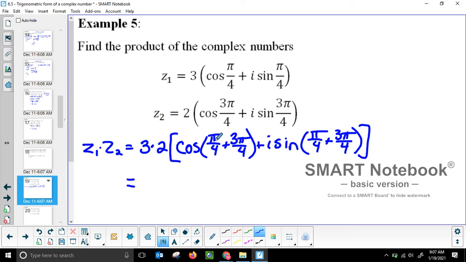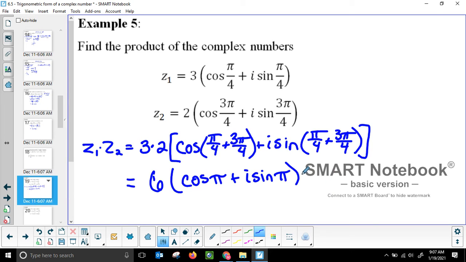Of course 3 times 2 is simply 6, and pi over 4 plus 3 pi over 4 is simply pi. And that's it. We're done.